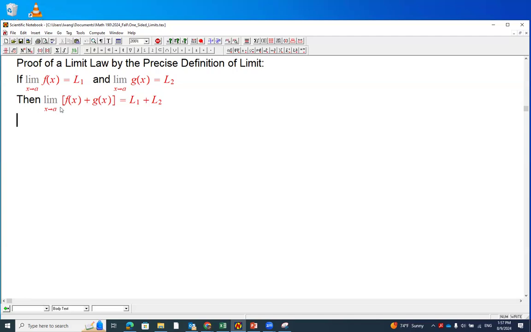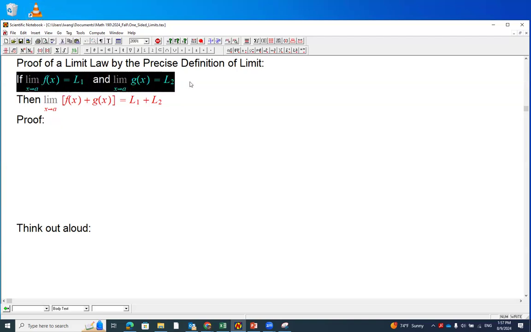So let's do it. First, we're going to write the proof. I'm going to put my scratch paper work, think out loud. If necessary, I will show you. What's given? We know that these two limits exist.